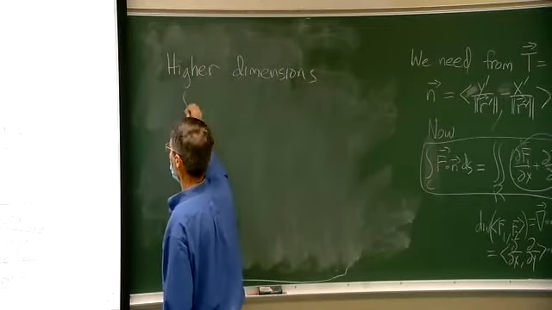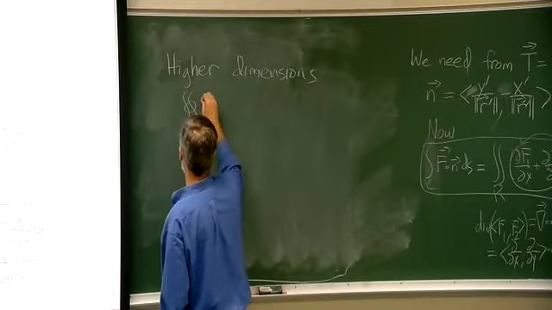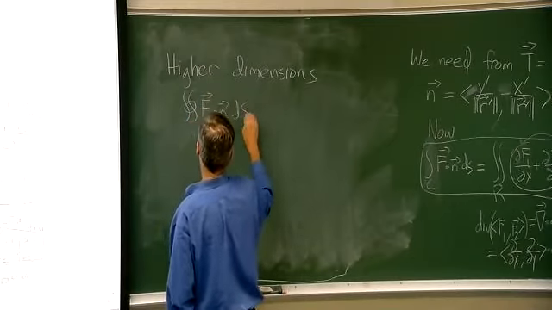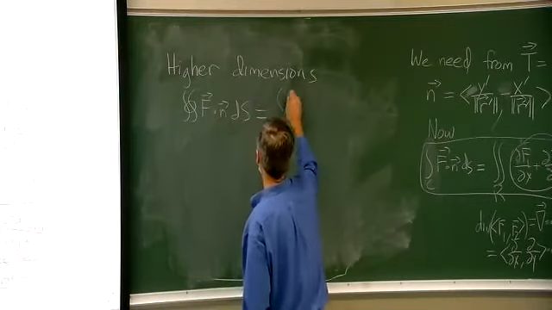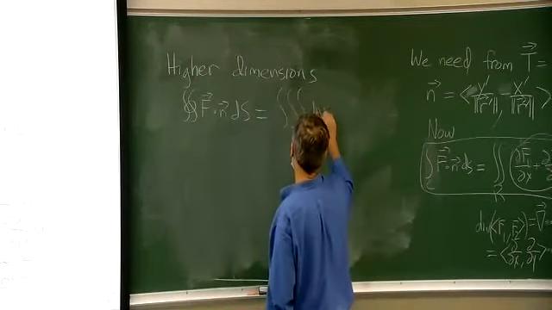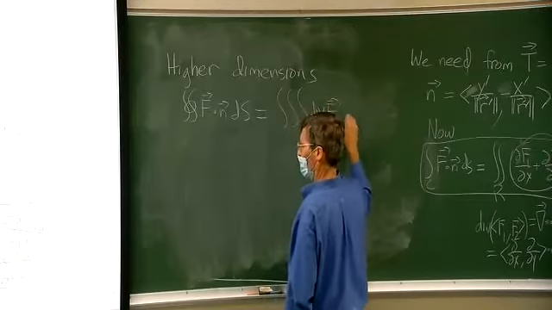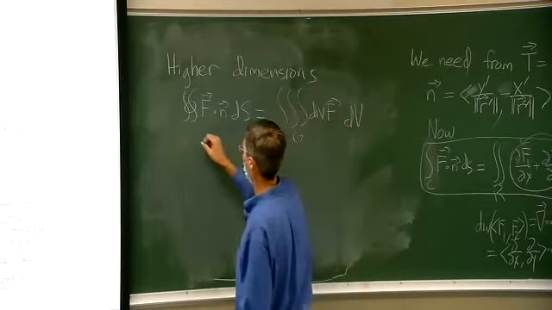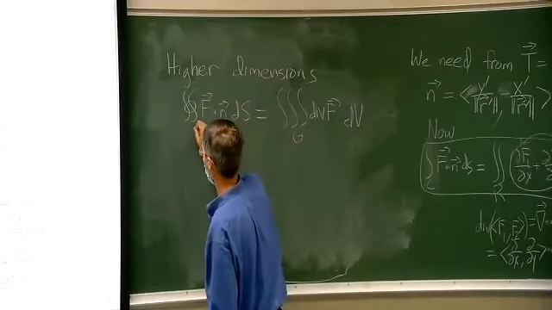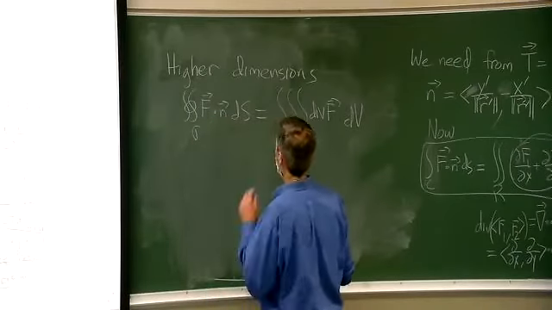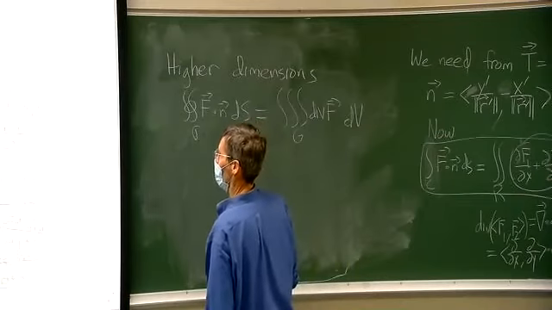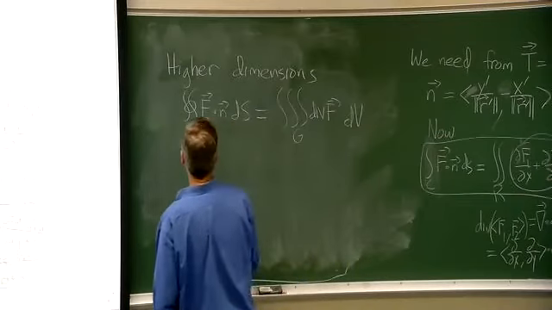The vector form says that the double integral over a surface of F dot unit normal dS is actually equal to the triple integral of the divergence of F dV over the solid that's enclosed by the surface sigma, for the vector version of Green's theorem.